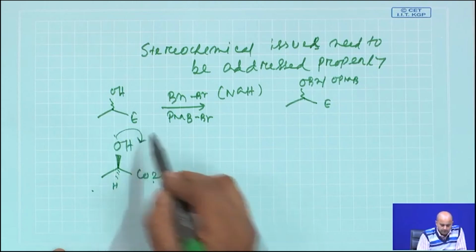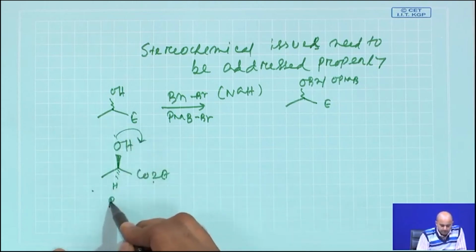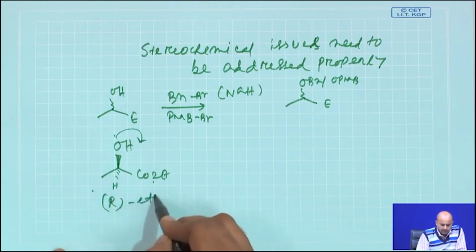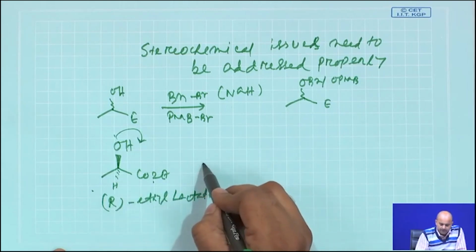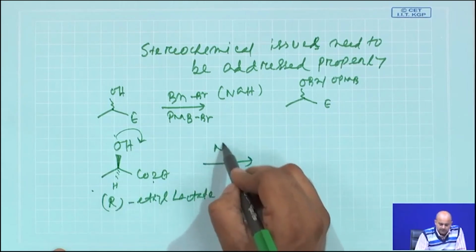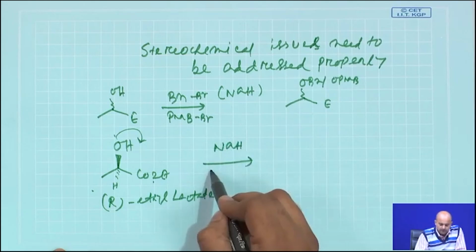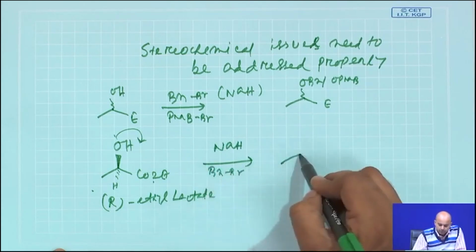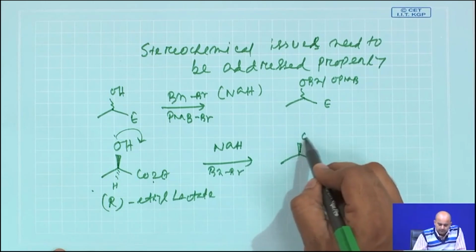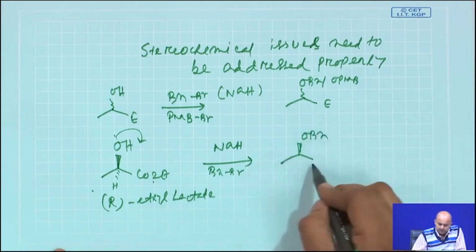So, this compound is R, R-ethyl lactate. Now, if you react this compound with sodium hydride and benzyl bromide, will you get the same benzyl ether?